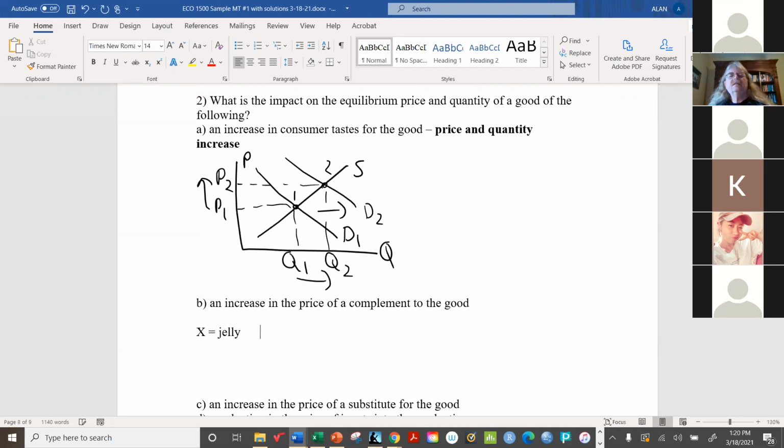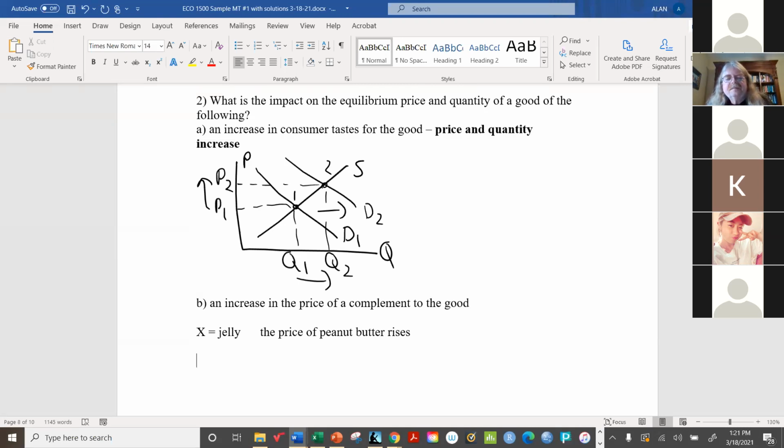The price of peanut butter rises. Okay. Now, even if you haven't had a peanut butter and jelly sandwich since you were 8 years old, it doesn't matter. In the market as a whole, people see these as complements. They just seem to go together. There's nothing to explain. They taste great together, don't they?